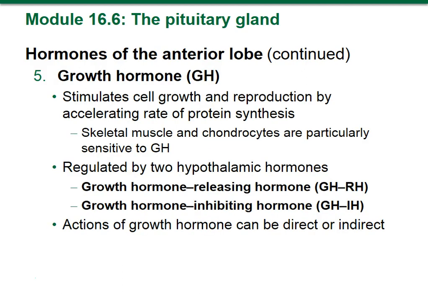Number 5, growth hormone. It stimulates cell growth and reproduction by accelerating the rate of protein synthesis in your cells. And specifically, if you think about where you have most growth, especially in a young child getting larger through time going into adolescence, the skeletal muscles and the chondrocytes are going to be sensitive to growth hormone.